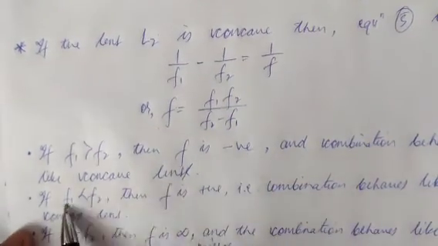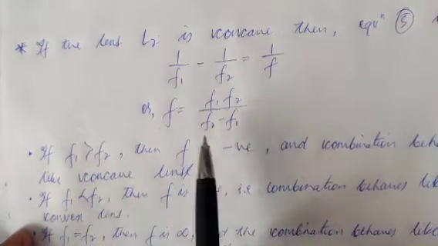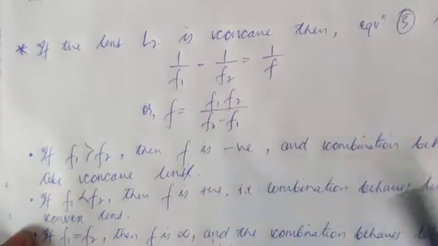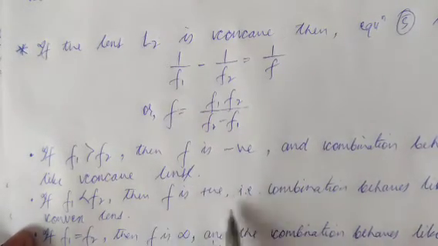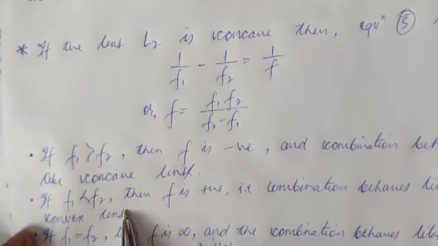Now, if f1 is lesser than f2, that is f2 is greater than f1, then the denominator is positive. So f on the whole becomes positive, that is, the combination behaves like a convex lens, remember.